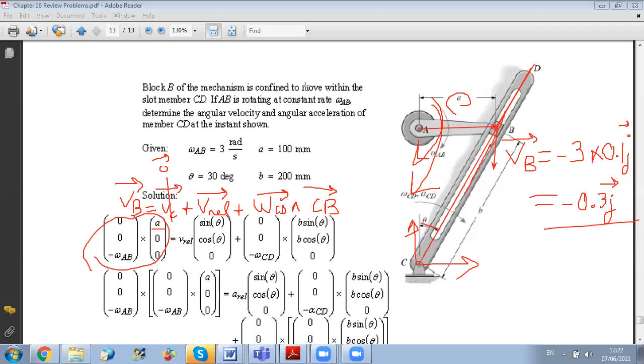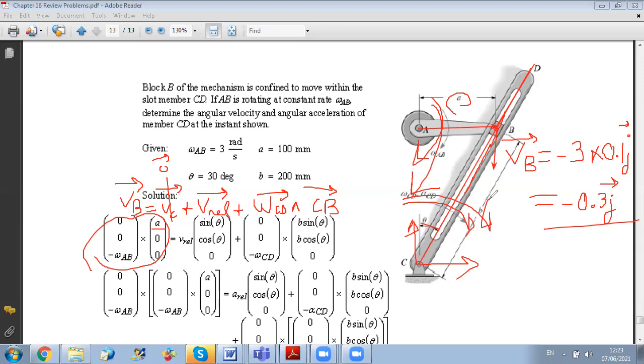Now omega CD, you can assume it is clockwise. Okay, because if you do a little interpretation, since omega AB is doing this and B is going down, it will rotate like this. So if you couldn't quite see it, it's fine. Whatever assumption you make, you can put it counterclockwise, but when you solve for it, if you assumed counterclockwise you will get a negative result, meaning it is clockwise.